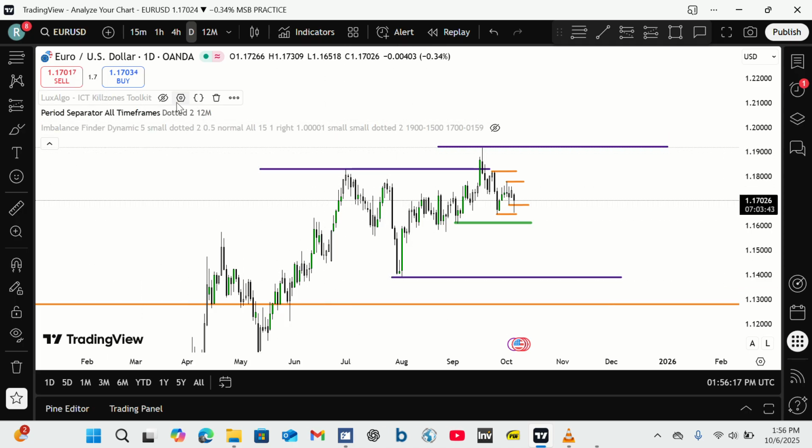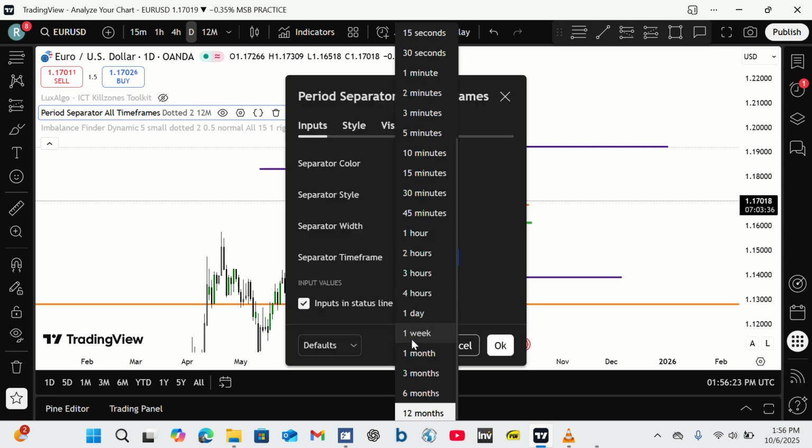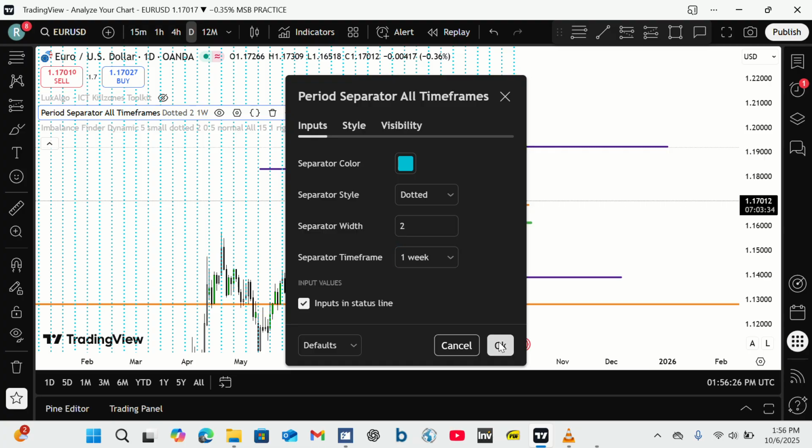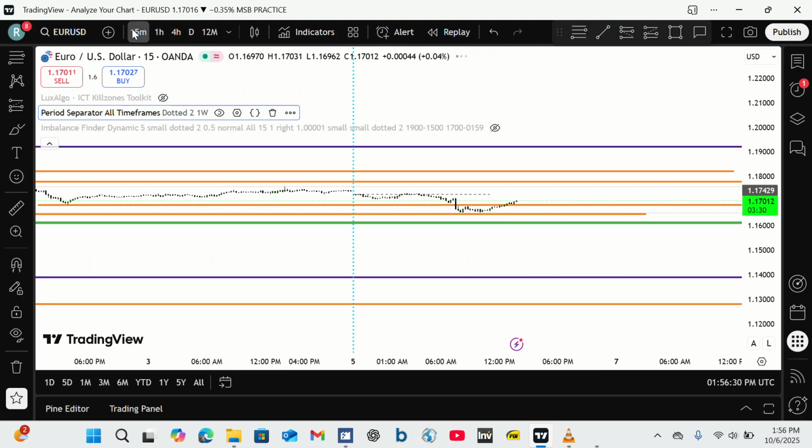I use this indicator, the period separator, and I just change it so I can mark it out. So 1 week, let me see. Go to the 15 minutes.